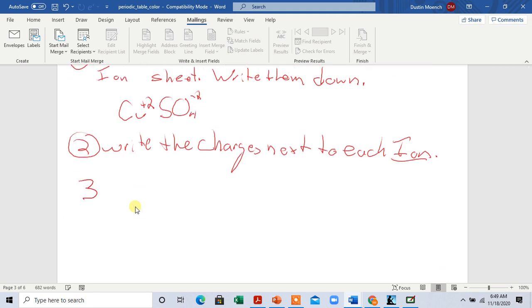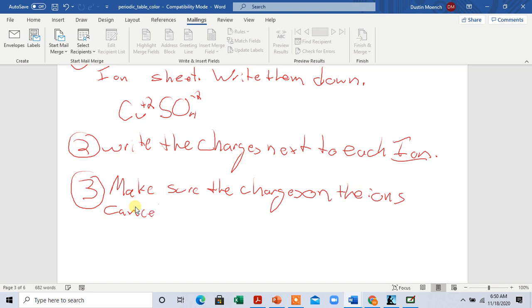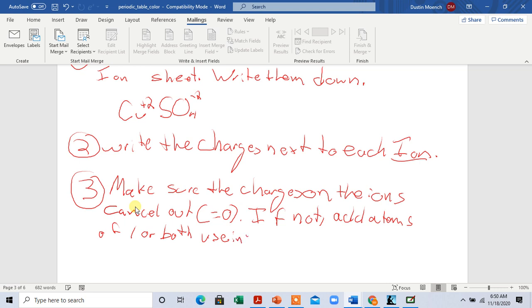Now 3. I need to make sure the charges on the ions cancel out, equals 0. If they don't, I need to add atoms of one or both using subscripts.